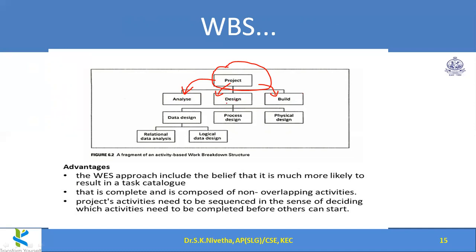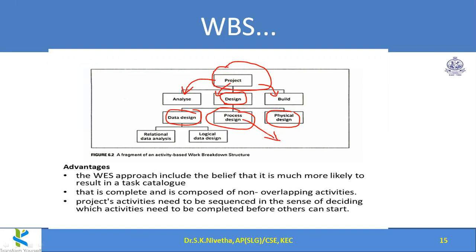Now, design. For the design part, they couldn't forecast how much time it takes. So they are further dividing that into data design, process design, and physical design. Now, process design, they think, yes, it is forecastable. We can plan the effort for this activity.